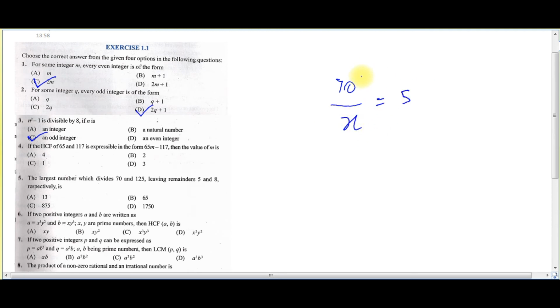So let's subtract 5 from 70 and we get 65, which leaves remainder 0. From the options, 13 is possible. When we divide 65 by 13, we get 0. So we get 13 for the first number, and if we do the subtraction and division again for the second number, we get 13 for the same. So the answer is 13.